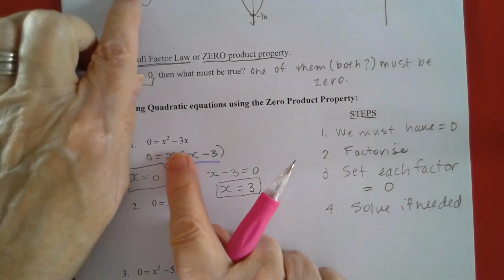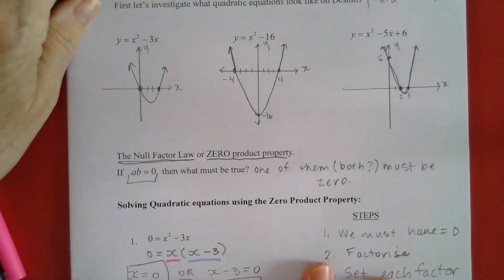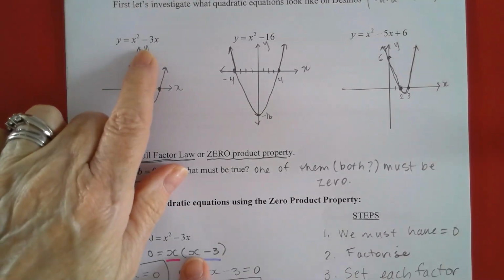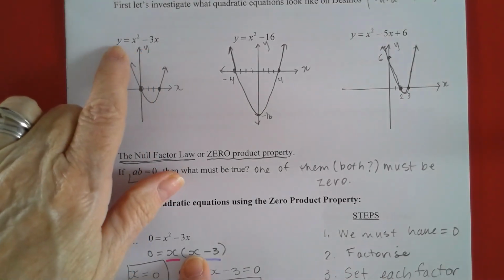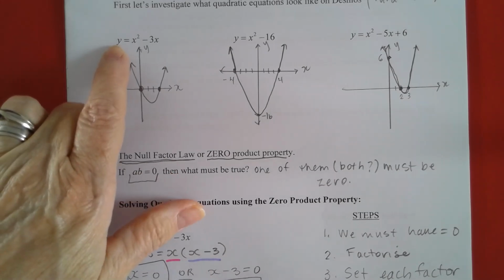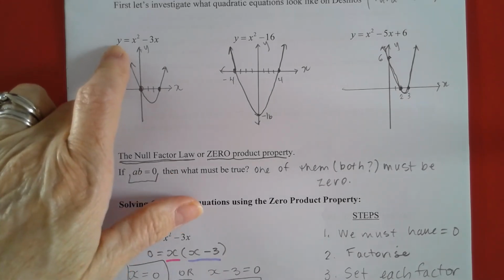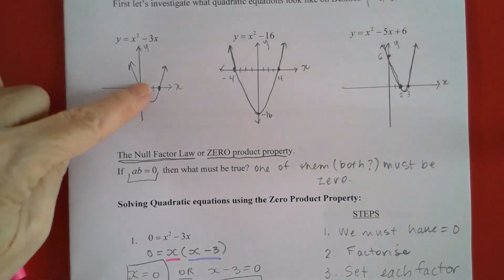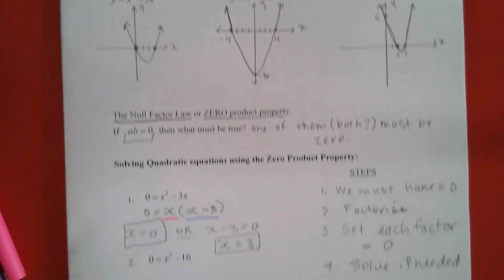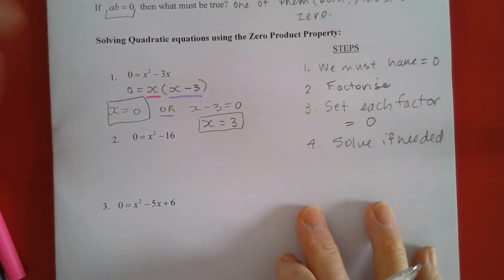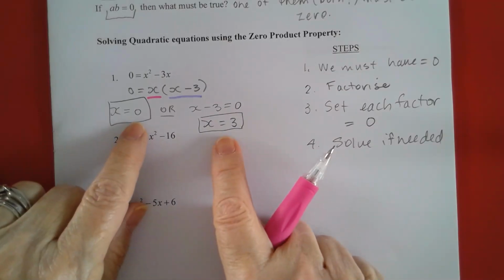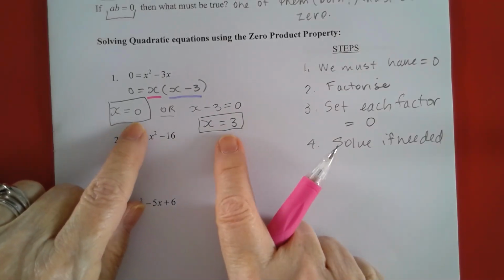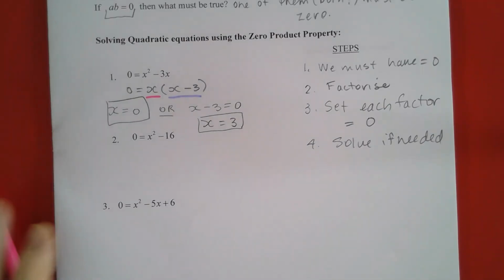This is the same as that, except I made y equal to 0. When I make y equal to 0, I'm on the x-axis, yeah? And so when I solved this, I got where it goes through the x. Where did that graph go through the x? 0 and 3.